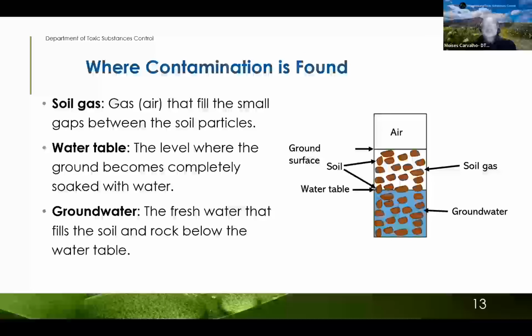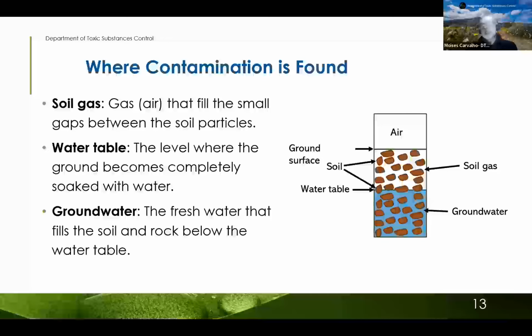So this slide shows the same diagram, but looking at the subsurface, which is often where the contamination is. We call it soil gas. This is not the air that we breathe. It is the air trapped in the teeny gaps between the soil particles. Vapors from chemicals can move through these teeny gaps.